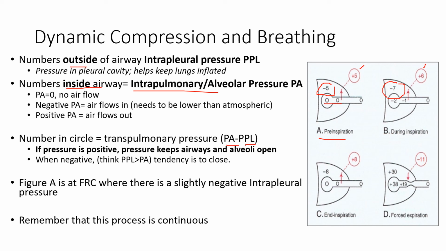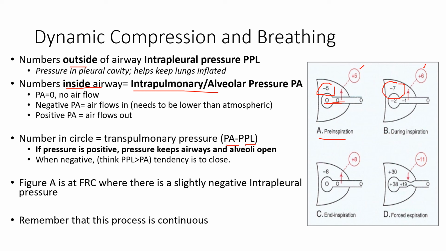If the pressure contained in the airways is greater, right, it will be able to push open and keep the lungs open. If the pressure in the pleura gets too great, it will compress the alveoli.